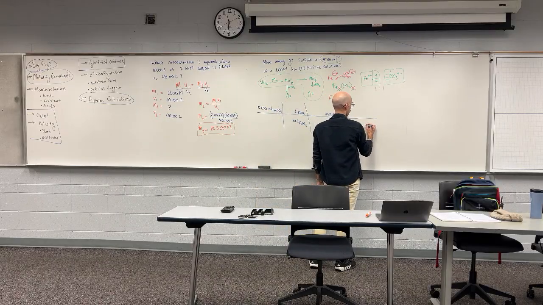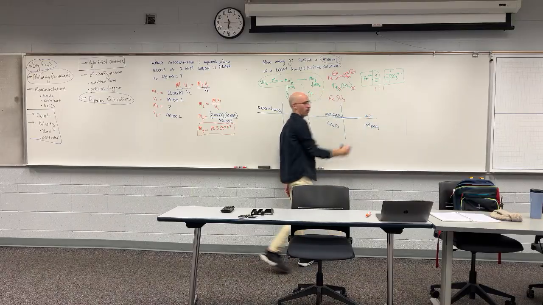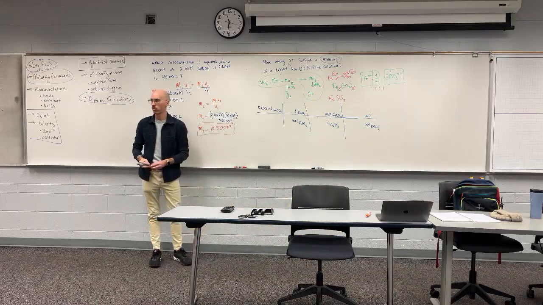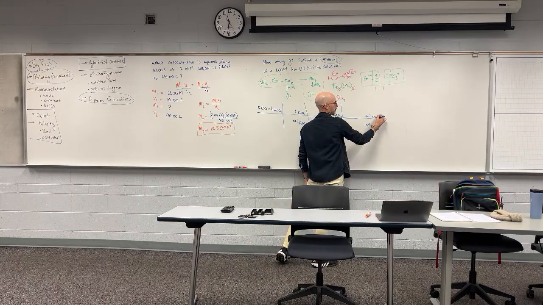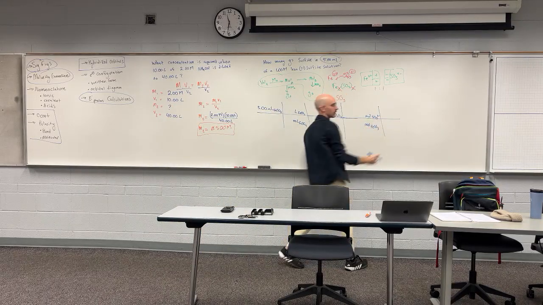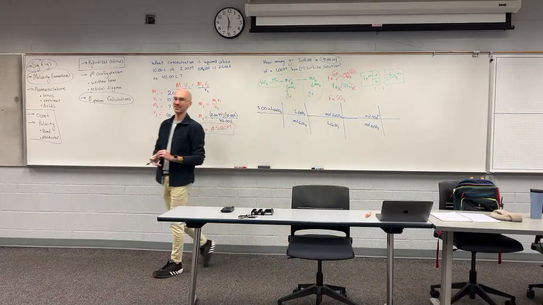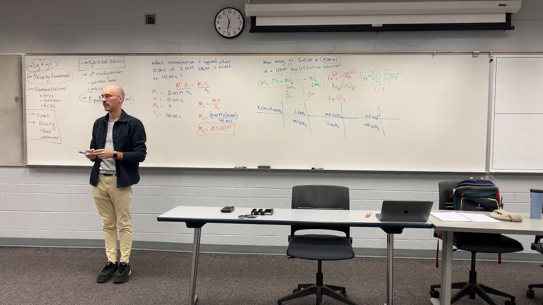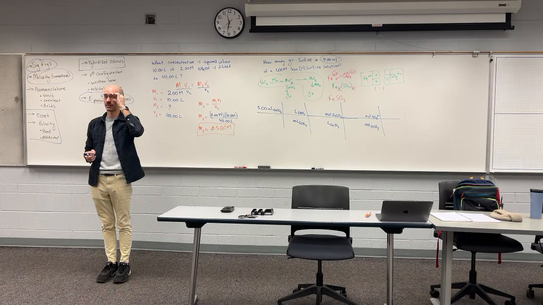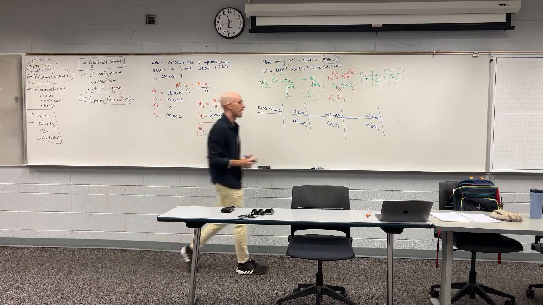I want moles of sulfite, SO3 2 minus. But I don't want moles of sulfite. I want mass. I'm going to need molar mass, but I want mass of iron sulfide.